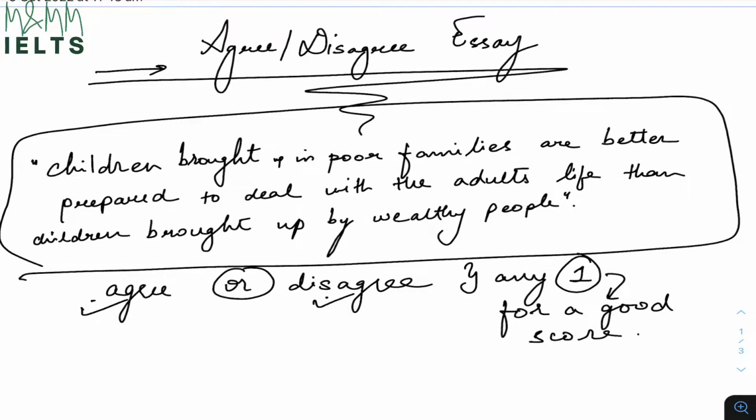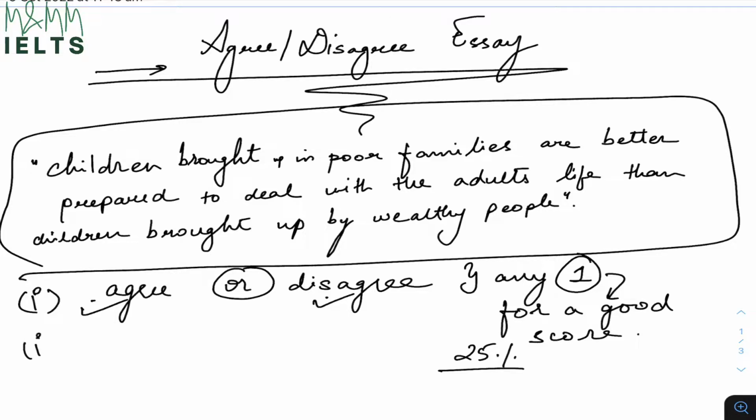So just sharing your opinion about any one of them is approximately 25% of your score. And 25% is a lot, because it's like a quarter of your marks is just dependent on your stand. So they don't care if you agree or disagree, but all they care about is that you should either agree or disagree. So that is the first thing that I would share.